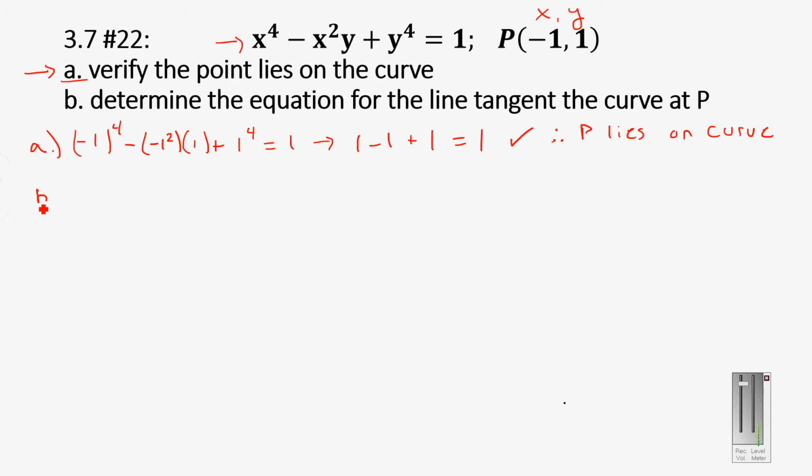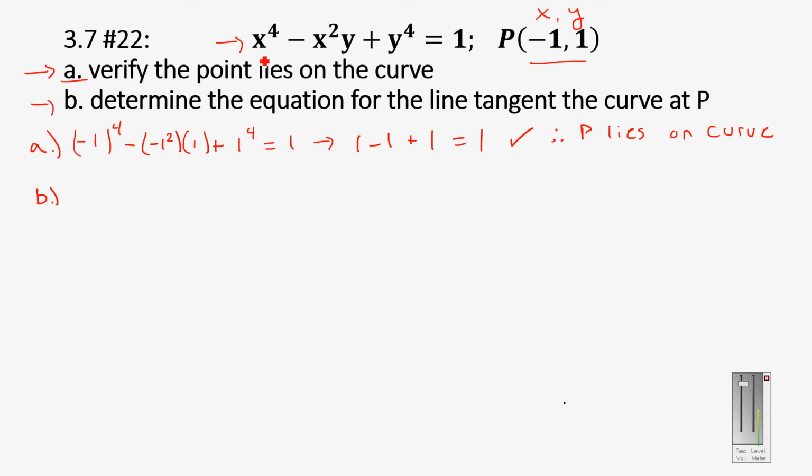And then step B for us here would be to determine the equation for the line tangent to the curve at P. So that's actually fairly simple too. We've got a point. If we had the slope, we could do point-slope form. Well, the slope is the derivative, so we just have to figure out the derivative.